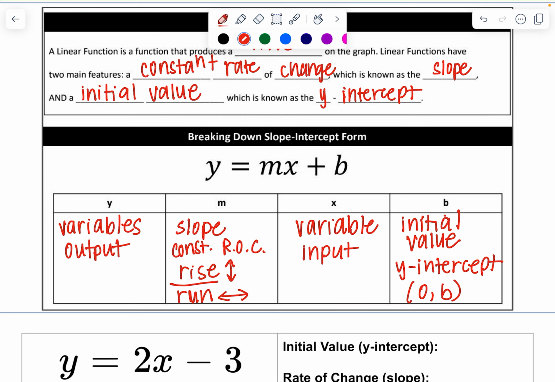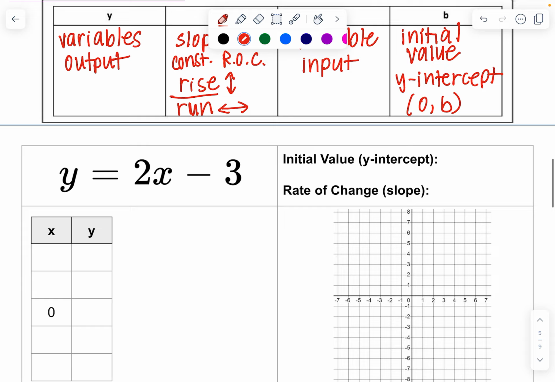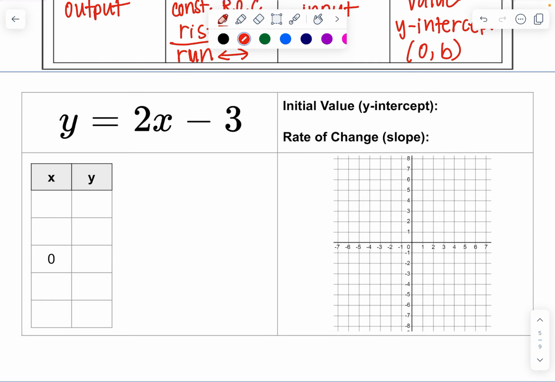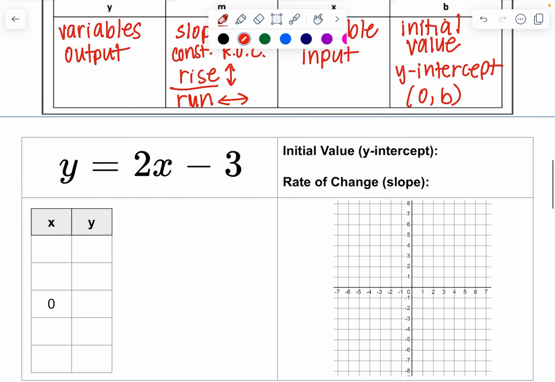throughout the entire unit. So now that we have the idea of what the heck y equals mx plus b is, it's made up of two parts, our constant rate of change, aka the slope, and our initial value, aka the y-intercept, we can start to put some pieces together, right? So here's an equation. Y equals 2x minus 3. We have a table, and we can find our initial value and our rate of change.